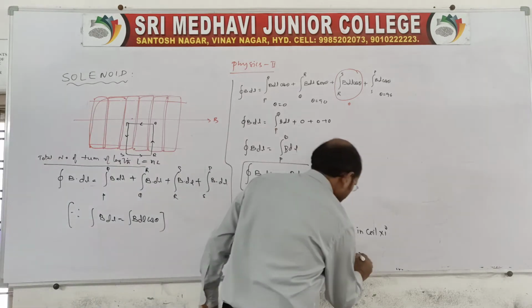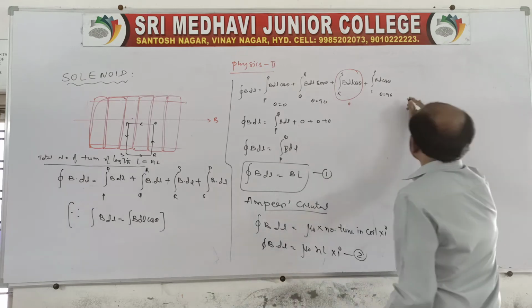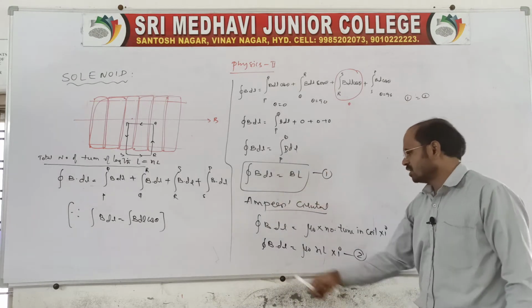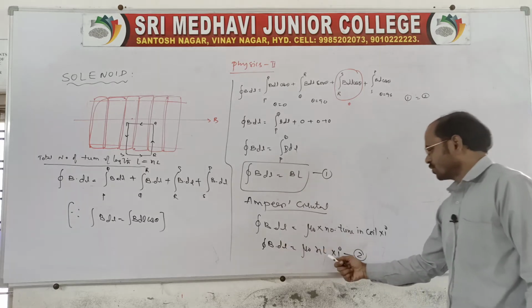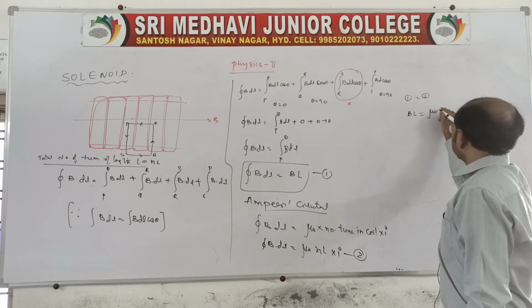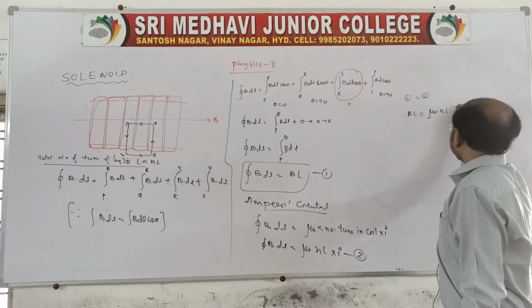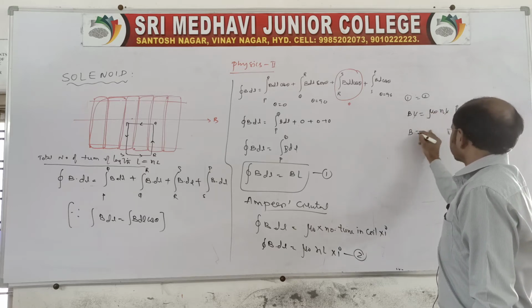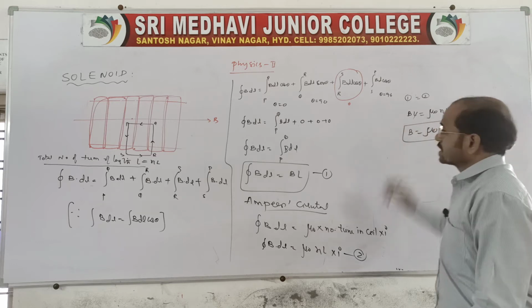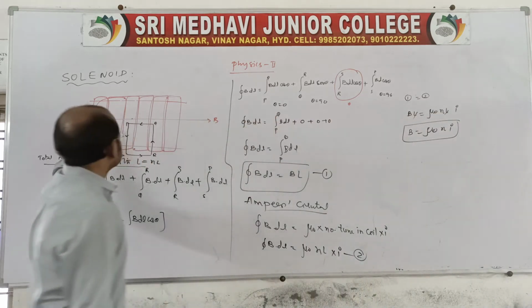It is equation 2. Now use this 1 and 2, because look at closed integral B dot dl is equal to BL, closed integral B dot dl is equal to mu naught NIL. So that here BL is equal to mu naught N capital L I. So L cancels. So that B is equal to mu naught N I, the magnetic induction along the center of the solenoid.